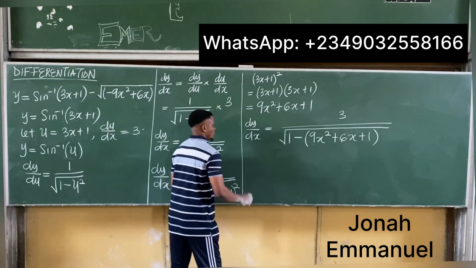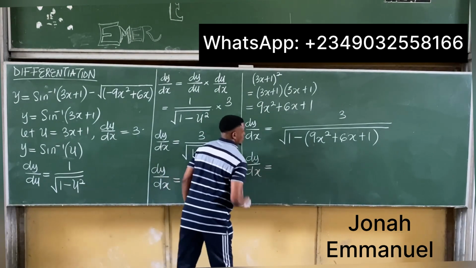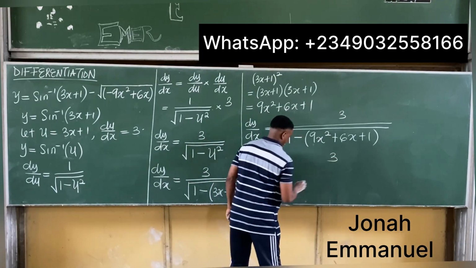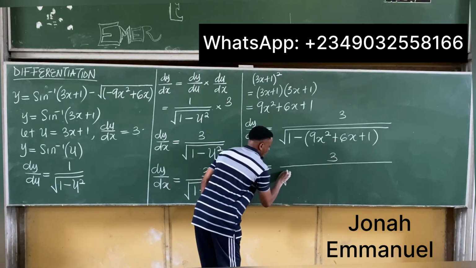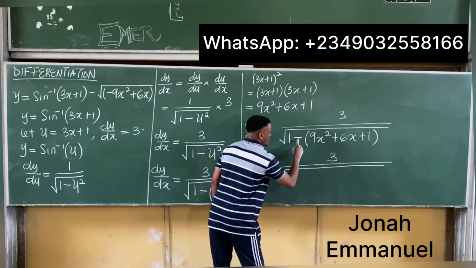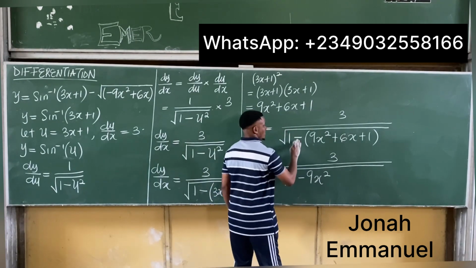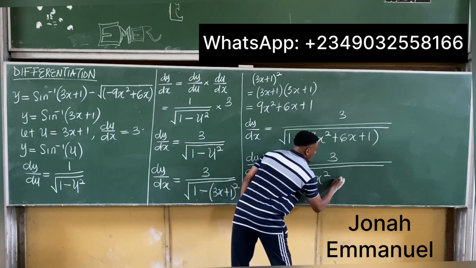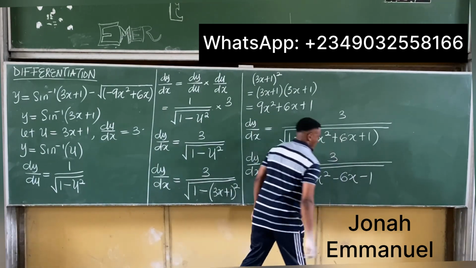If I do my expansion, dy over dx is equal to 3 all over the square root of 1 minus 2, this gives you minus 9x squared, minus 2 plus 6x gives you minus 6x, minus 2 plus 1 gives you minus 1.